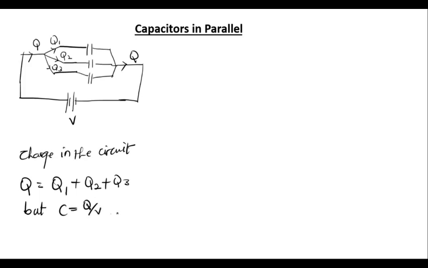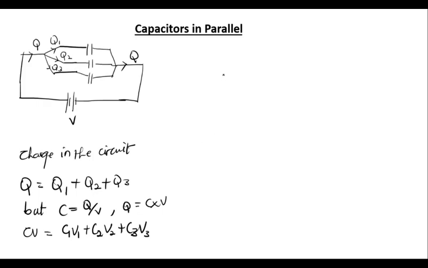The charge over voltage. It means what? The charge is equal to what? The capacitance multiplied by the voltage or the potential difference, which is V. So it means our Q over here becomes what? CV is equal to what? C1 V1 plus C2 V2 plus C3 V3.